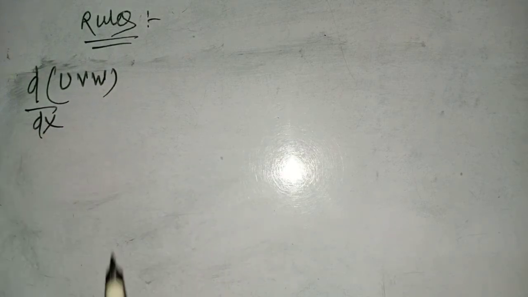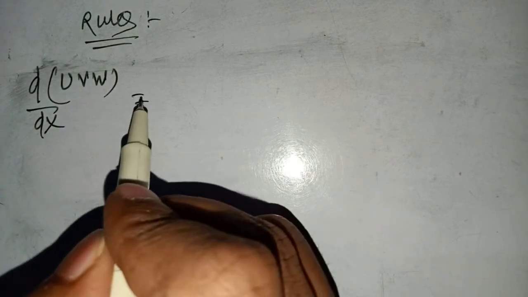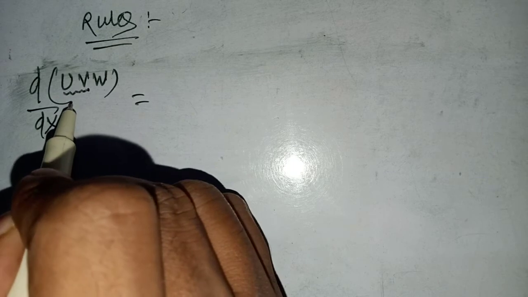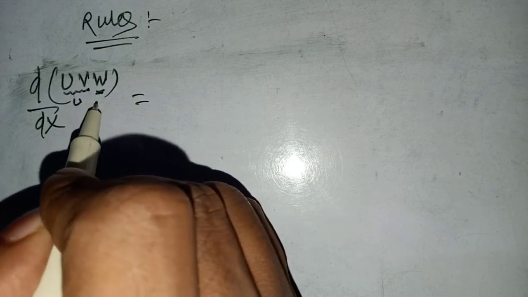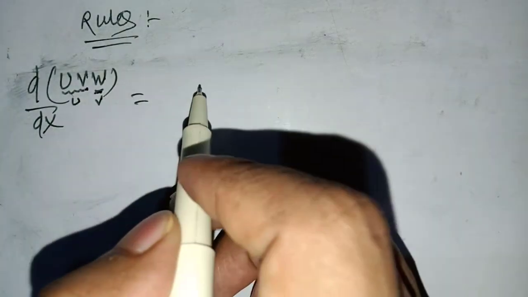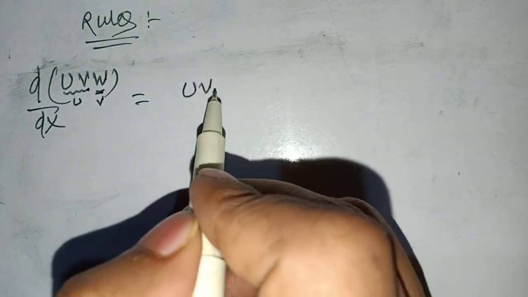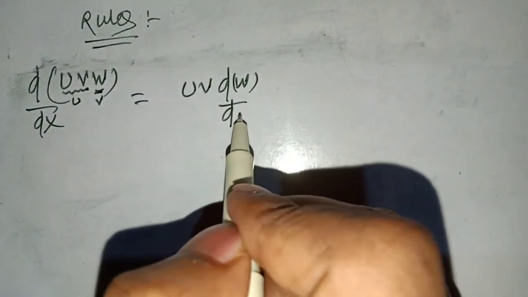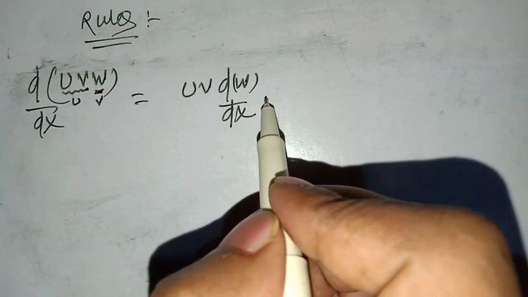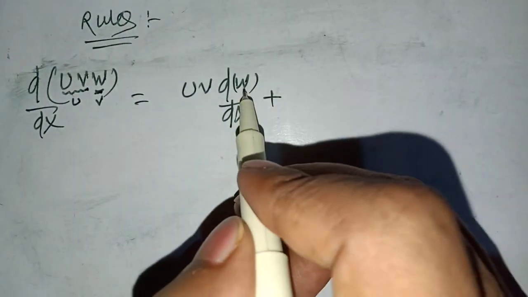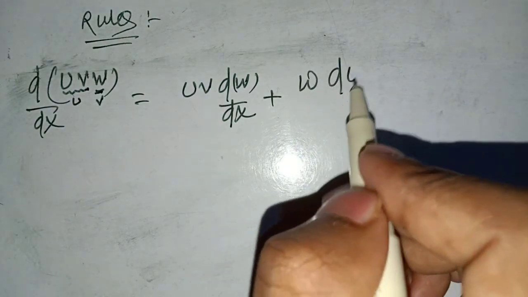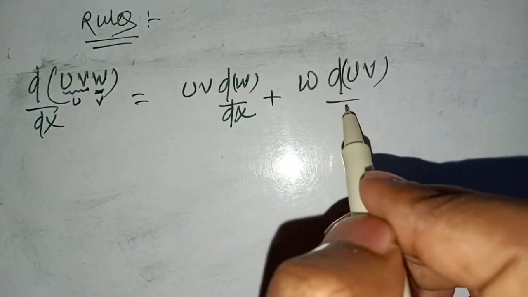In this case, consider this as u and this as v. So first we will use this, so u and v will come out, then dw by dx, plus now w will come out and d of uv by dx.